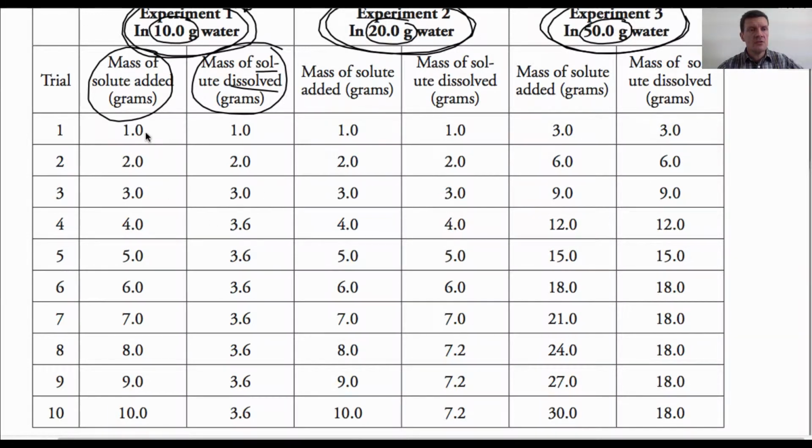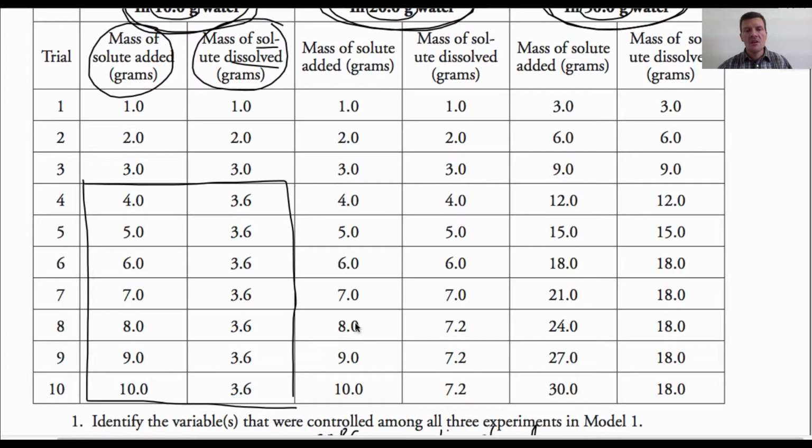So let's see where that is the case here. Well, notice we add increasing amounts of the solute, and the amount that dissolved here all of a sudden flattens out, and we have a maximum right there. 3.6, you're never going to get above 3.6. Over here in experiment number 2, when we have 20 grams of water, we have maxed out right there at 7.2.